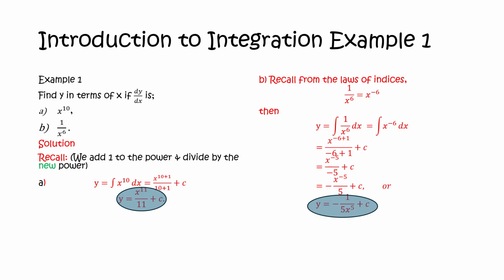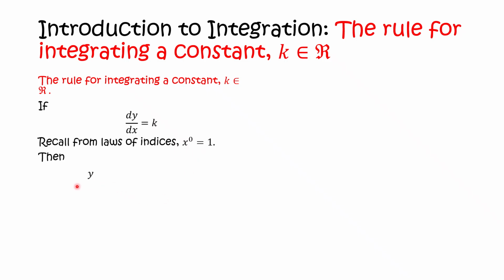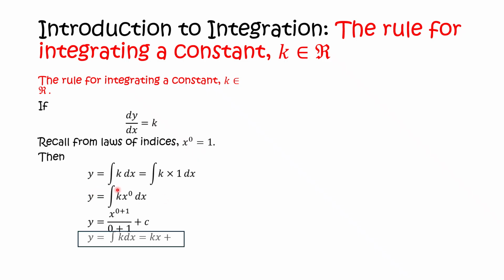Now, let's move to the second rule. The second rule concerns integrating a constant, k, which is an element of real numbers. So we are talking about any number. So if we have dy/dx equals k, and recall from the laws of indices, x to the power 0 is as good as 1, then it implies that y, the integral of k with respect to x, is equal to the integration of k times 1 with respect to x.